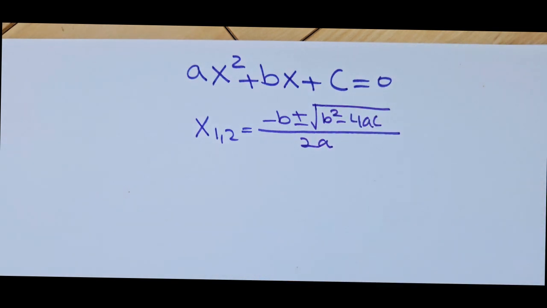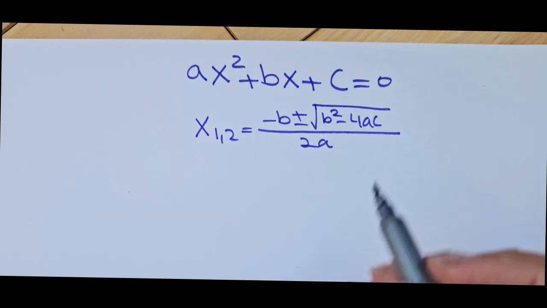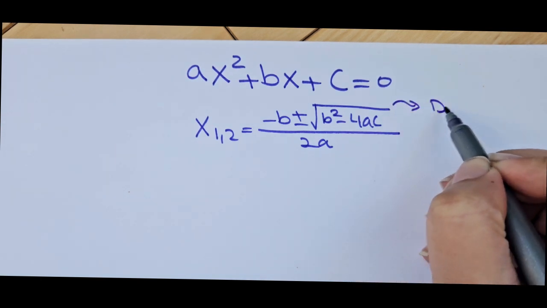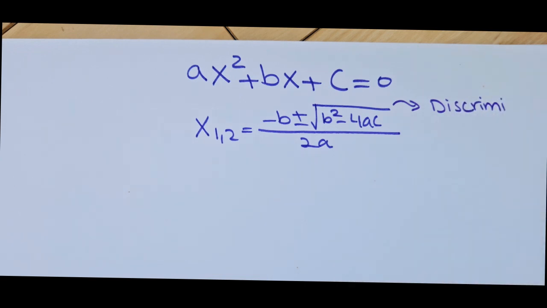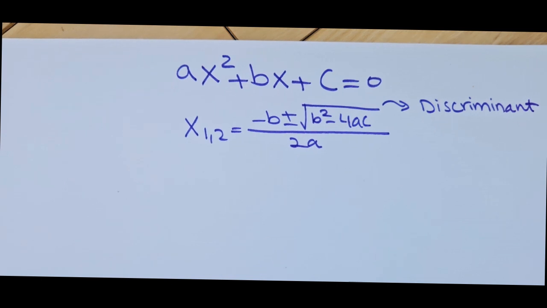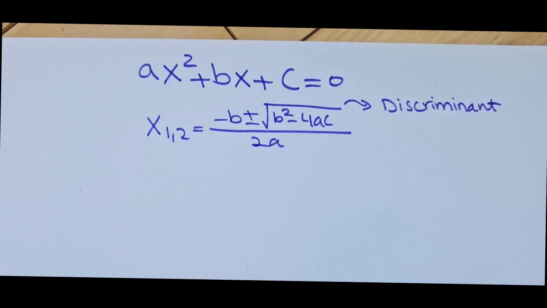And this part of the equation, which is under the square root, is called the discriminant, right? Which means it should be positive so you can have an answer.